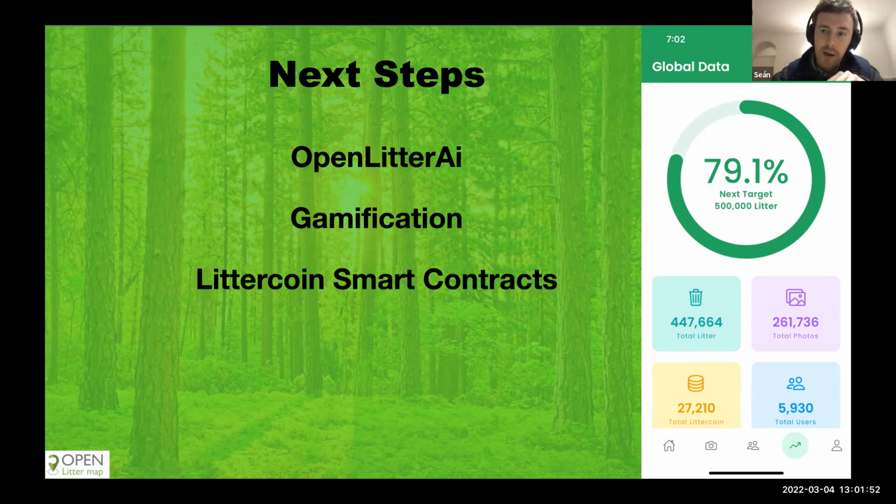Still in development. Unlike all the other crypto crap, Litercoin won't be listed on any exchange and can be spent in zero waste stores only. So they're trying to make it into climate currency. So as you do the work, you get rewarded with Litercoin, which hopefully you'll be able to bring to your local zero waste store, fill up your jar, and leave with a discount without having to use any plastic.